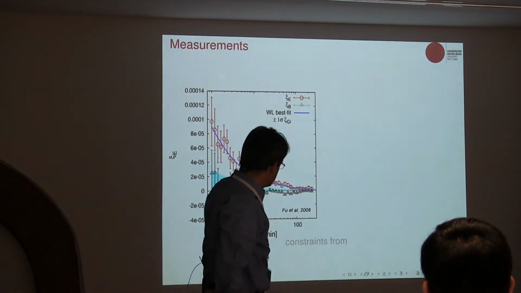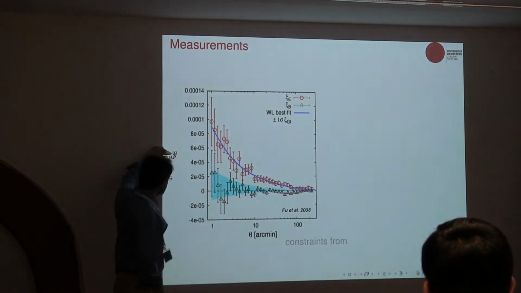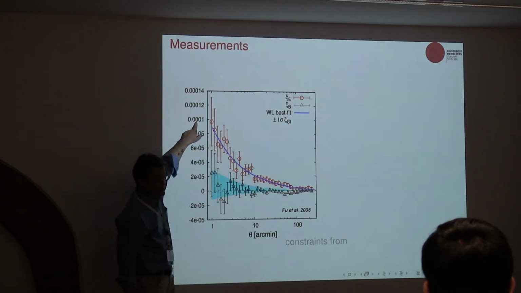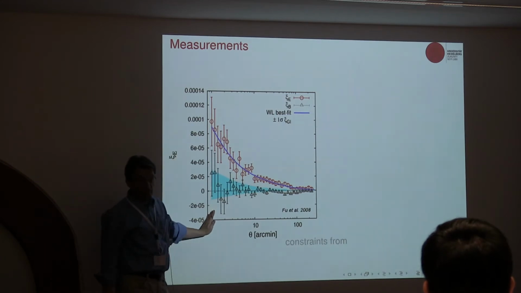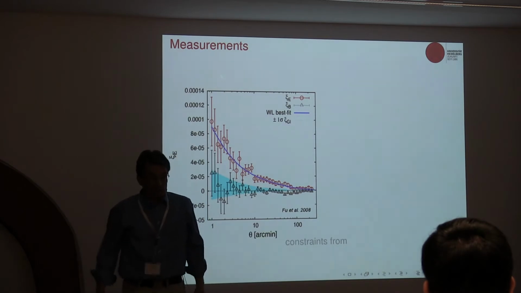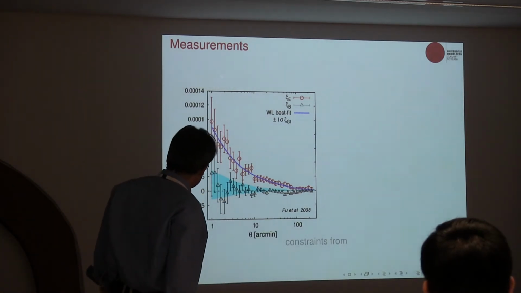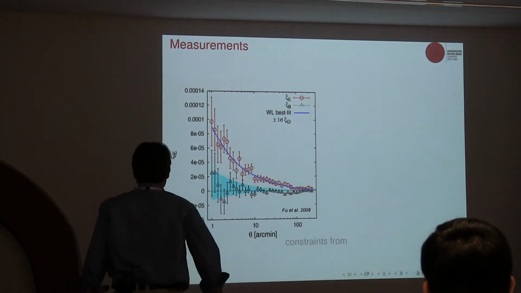That's the angular scale that's plotted on the horizontal axis. You see the absolute value of this correlation function reaches approximately 10 to the minus 4 on the smallest angular scales measurable. So this corresponds to a distortion on the percent level, like I said. Error bars, appreciable, let's say.